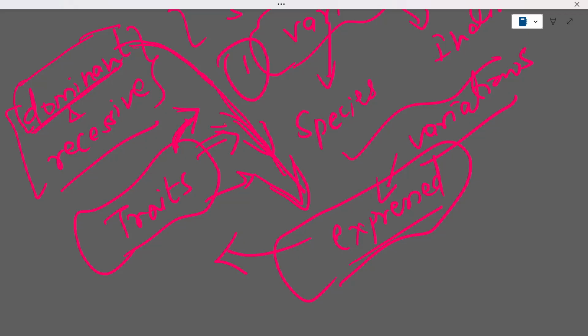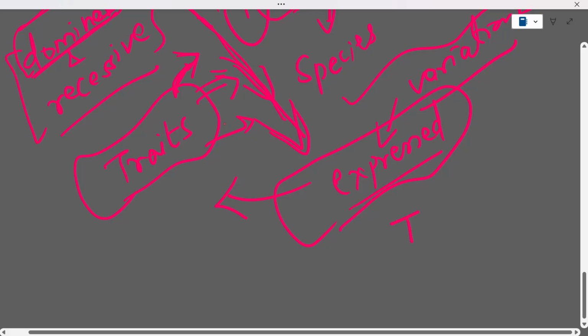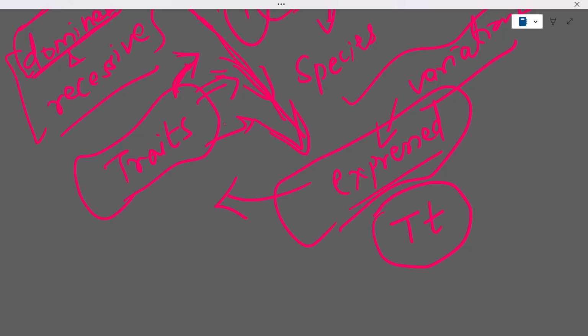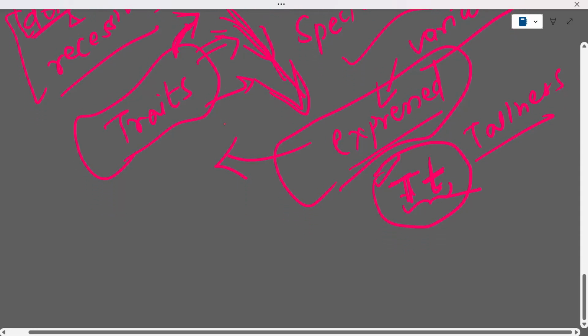They are likely to dominate the expression, whatever the genetic composition of a particular species or individual is. So let's say a particular individual possesses two variants of tallness. One is dominant, which is taller, and the other one is shorter, that is recessive. So the taller one is a dominant trait.